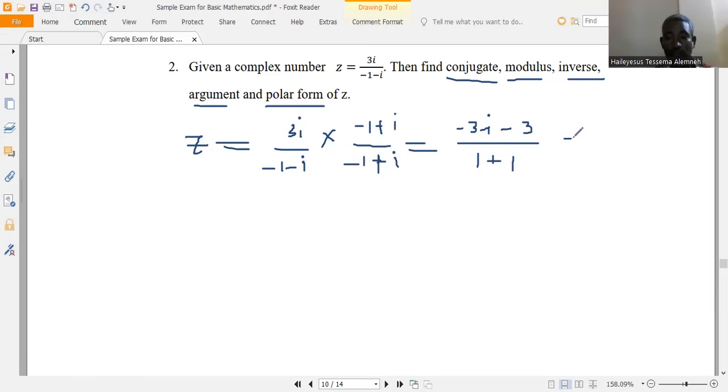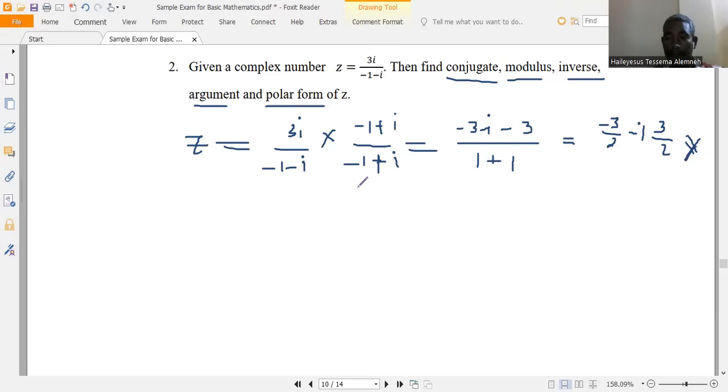So which is the same as minus 3 over 2 minus i times 3 over 2. So this is the z value.